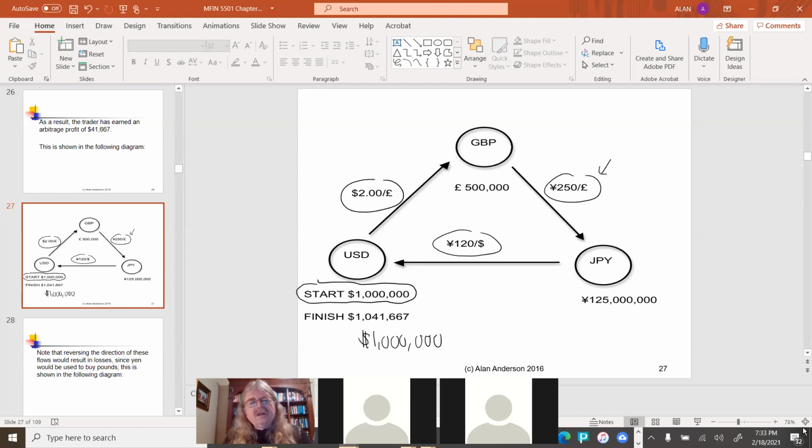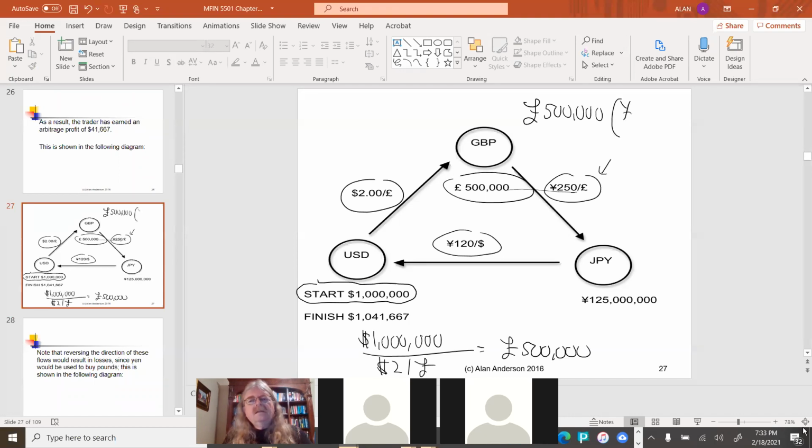Here I'm dividing by $2 per pound to come up with 500,000 pounds. Once I get those pounds in my hands, I use this cross exchange rate to convert them into yen. How do I do that? I multiply. And again, if you're not sure whether to multiply or divide, write them out and see which units cancel out. The product of these two is 125 million yen.